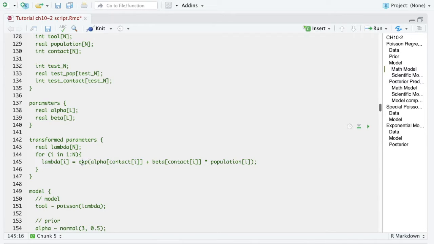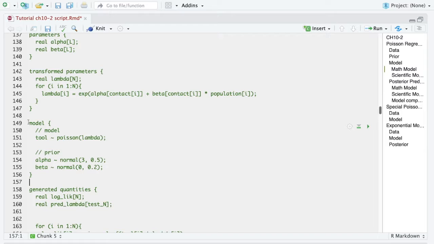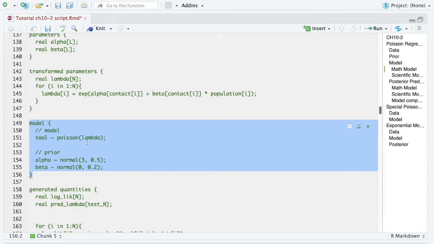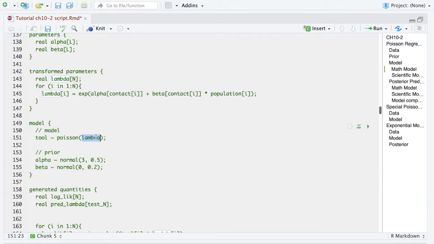So this is the exponential function, and the linear relationship is alpha plus beta times population. And this population is log population. You can see we have index coding for both alpha and beta. In the model code, it's just like what we did before, but now we have the sampling statement Poisson lambda, and this lambda was calculated in the transformed parameters.